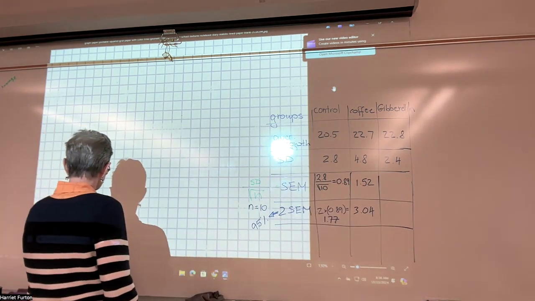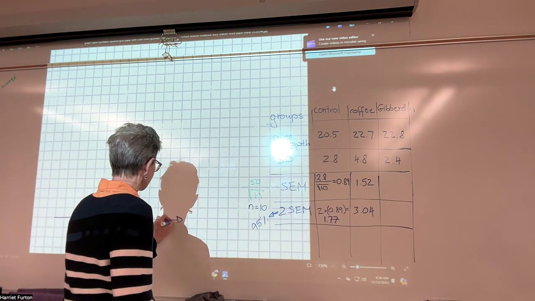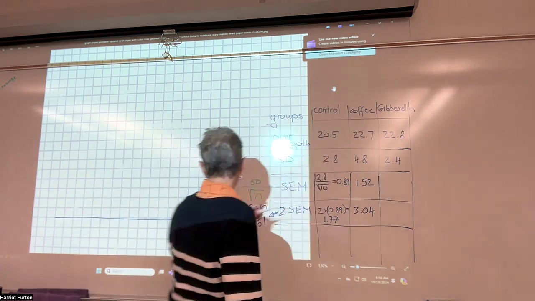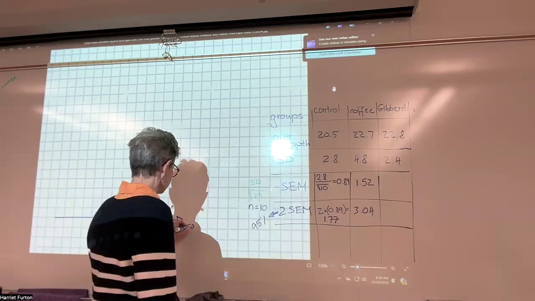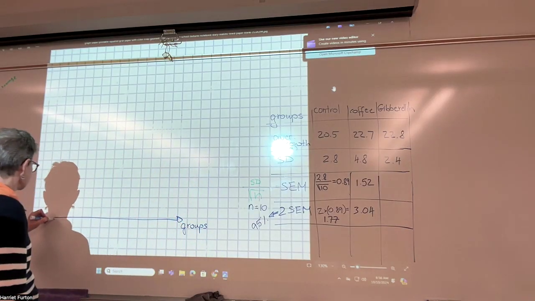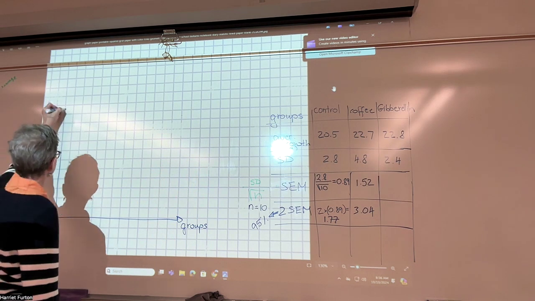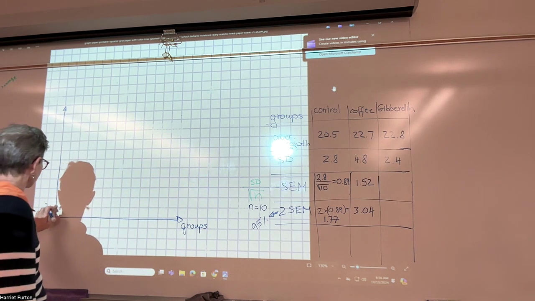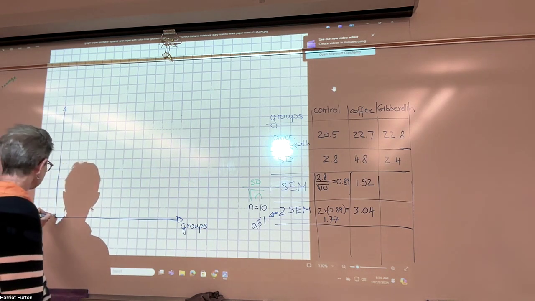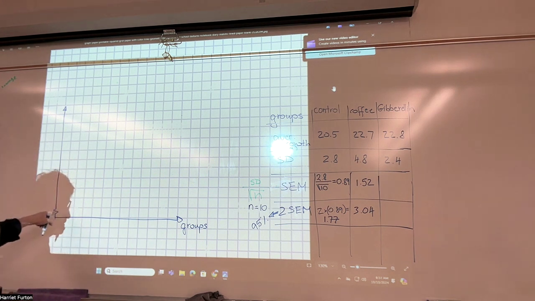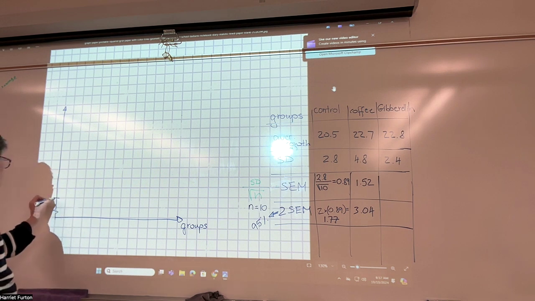Now, with the values, let's start to graph. The x-axis is usually for the independent variable. These are our groups. And the y-axis is going to be the dependent variable, what we measure. I will make a discontinuous sign here, which means we start the numbering here.